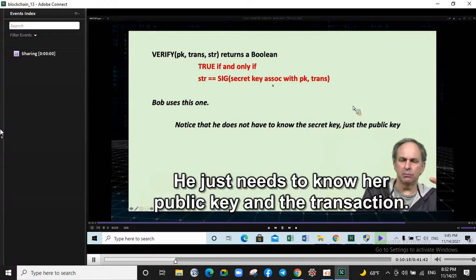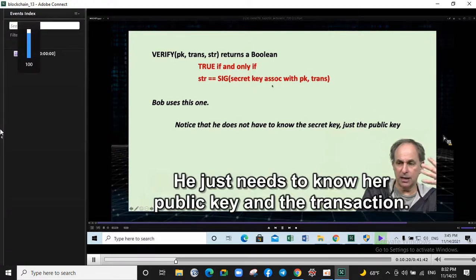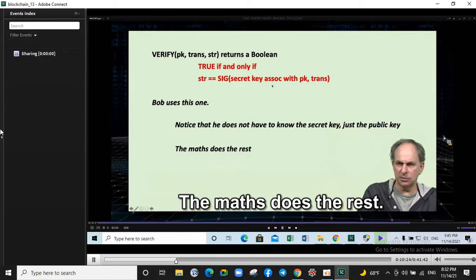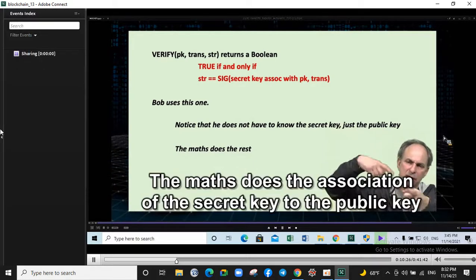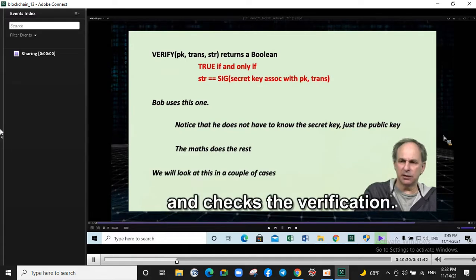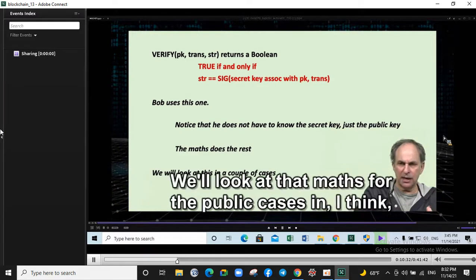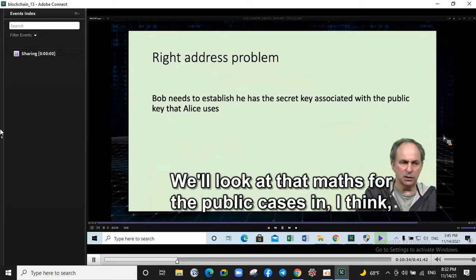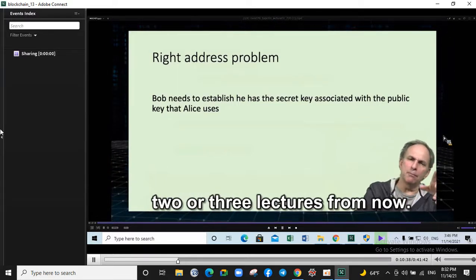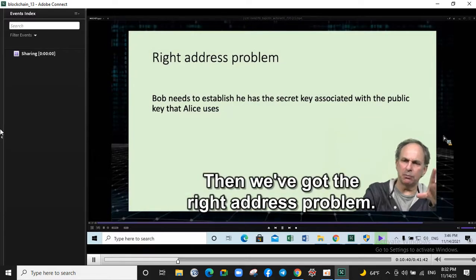He just needs to know her public key and the transaction. Okay. And the maths does the rest. So the maths does the association of the secret key to the public key and checks the verification. We'll look at that maths for public key cases in, I think, 2 or 3 lectures from now. Then we've got the right address.